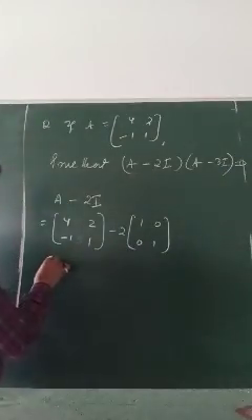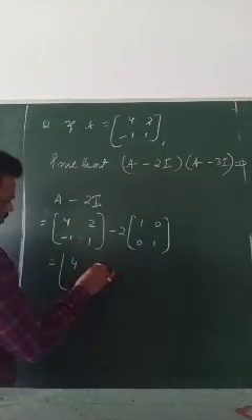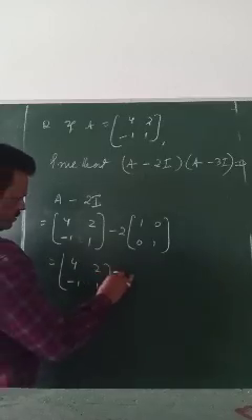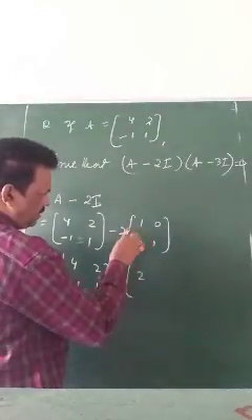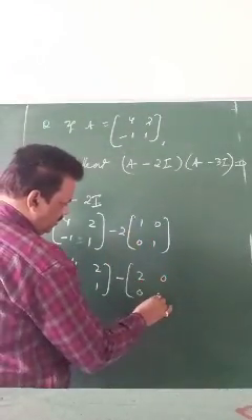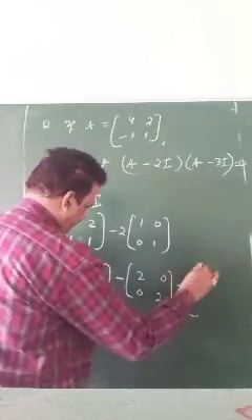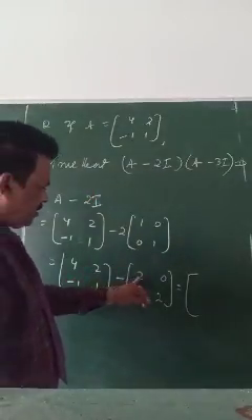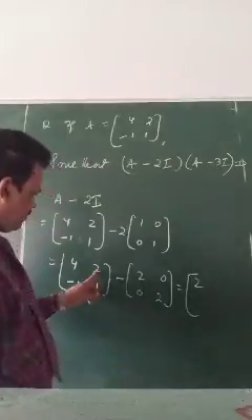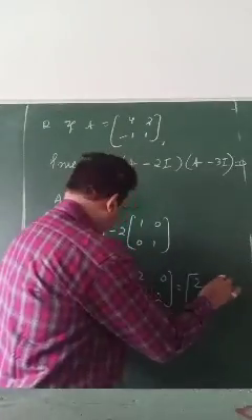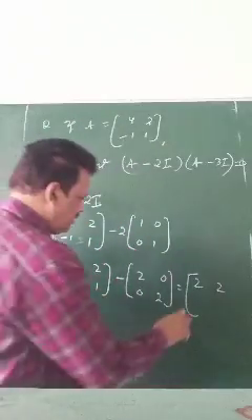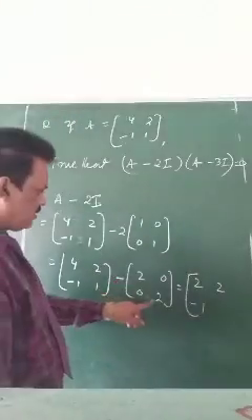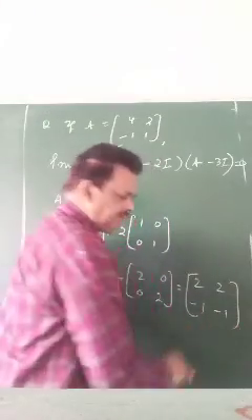So how much did you get? [4 2; minus 1 1] minus [2 0; 0 2]. 4 minus 2 is 2, 2 minus 0 is 2, minus 1 minus 0 is minus 1, 1 minus 2 is minus 1.